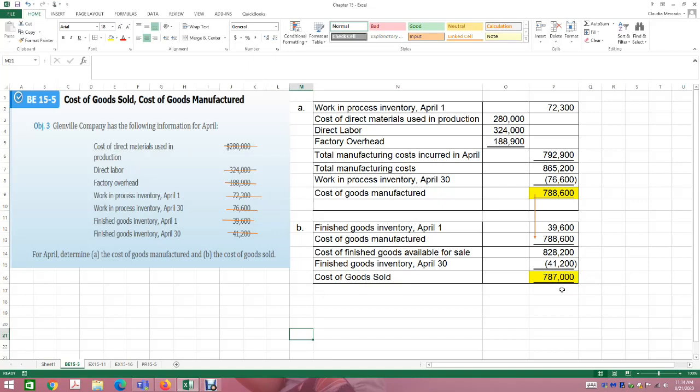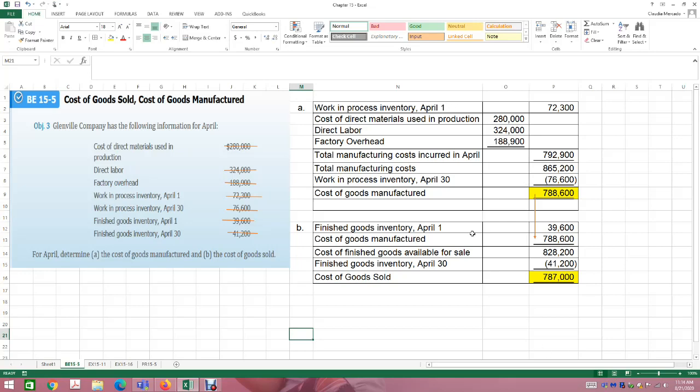And there's a difference. Why? Because we did have some beginning finished goods inventory, and some ending finished goods inventory. So we do have some goods that have not sold in our warehouse. That is how we tackle this specific problem. This is basic exercise 15.5.